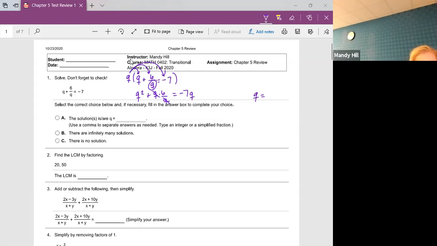Now what we would end up having is Q squared. Those Q's canceled out, so you just have plus 6 equals -7Q.